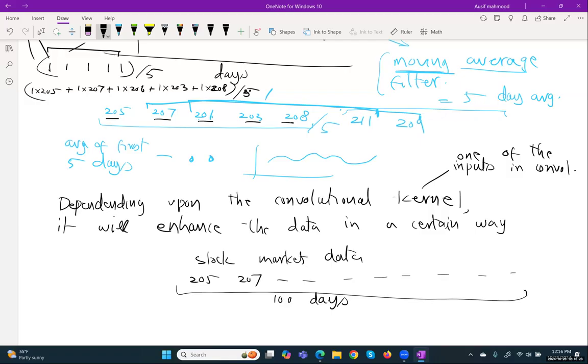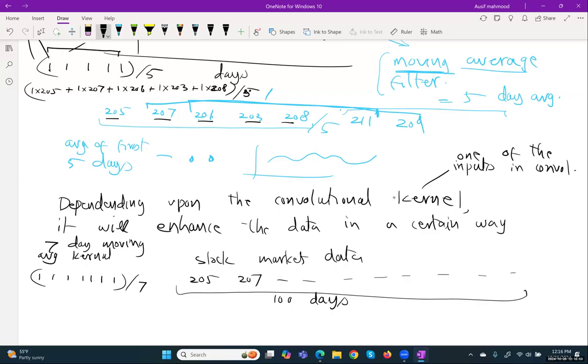If you picked a 7-day moving average kernel, what value will you pick in this kernel? 7 ones divided by 7 is your kernel.